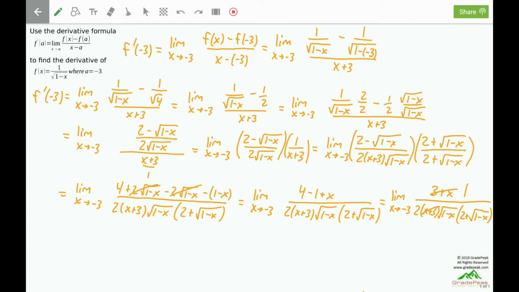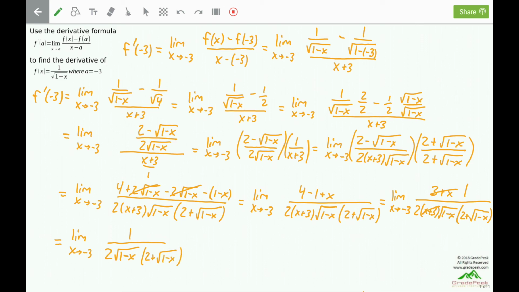And we now have removed the 0 over 0 indeterminate form. I'm just going to write what we have. Limit as x goes to negative 3 of 1 over 2 times the square root of 1 minus x times 2 plus the square root of 1 minus x.